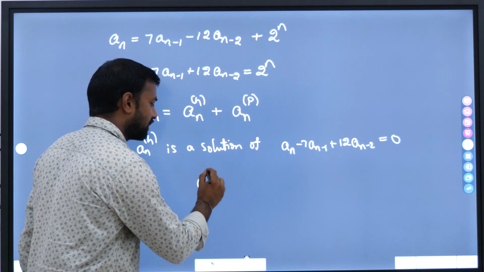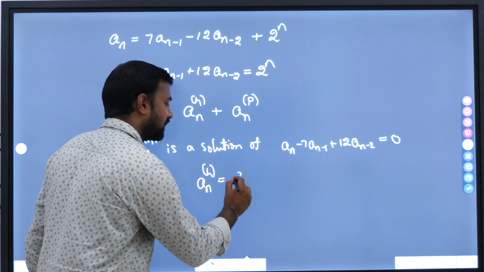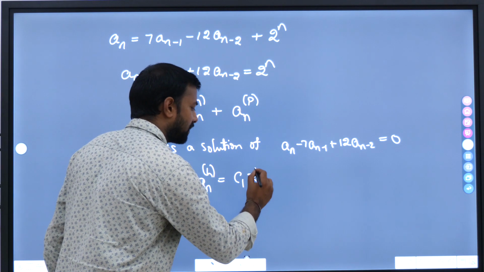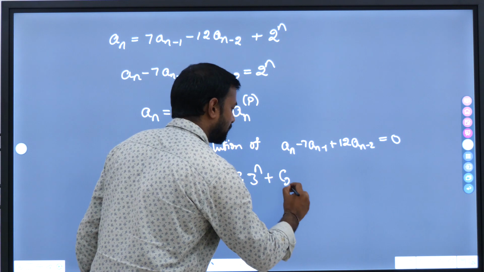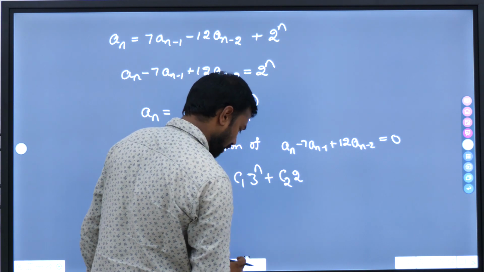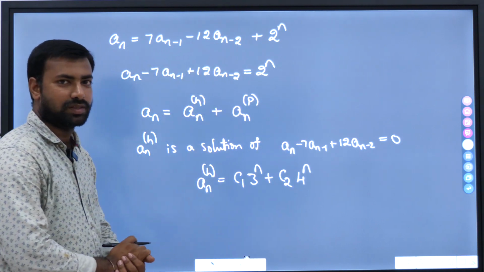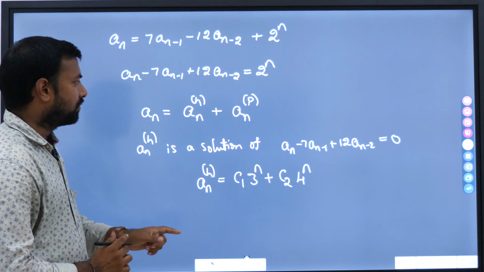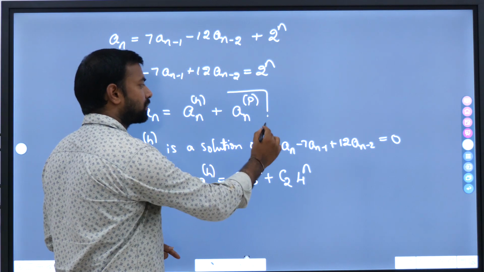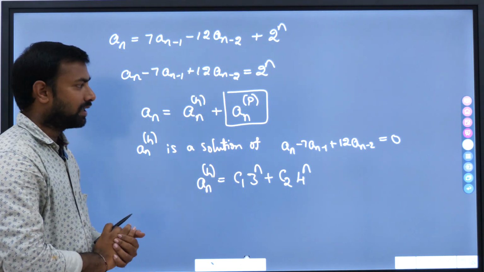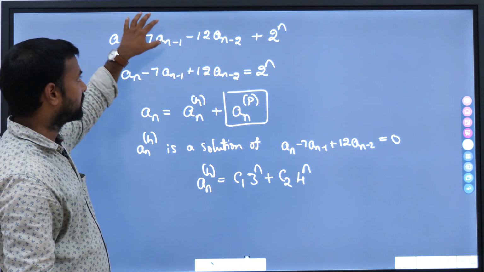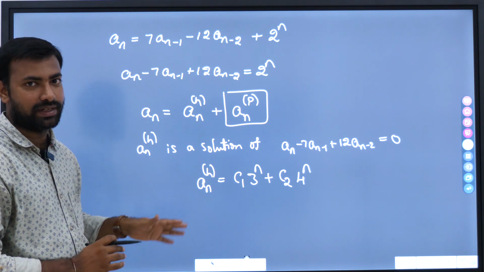So what is the solution here? That a_n^(h) is given by c1 into 3 power n plus c2 into 4 power n. This is the solution. Now it is enough to find this particular solution. Okay, it means when you substitute this into this equation, it must give us an identity.